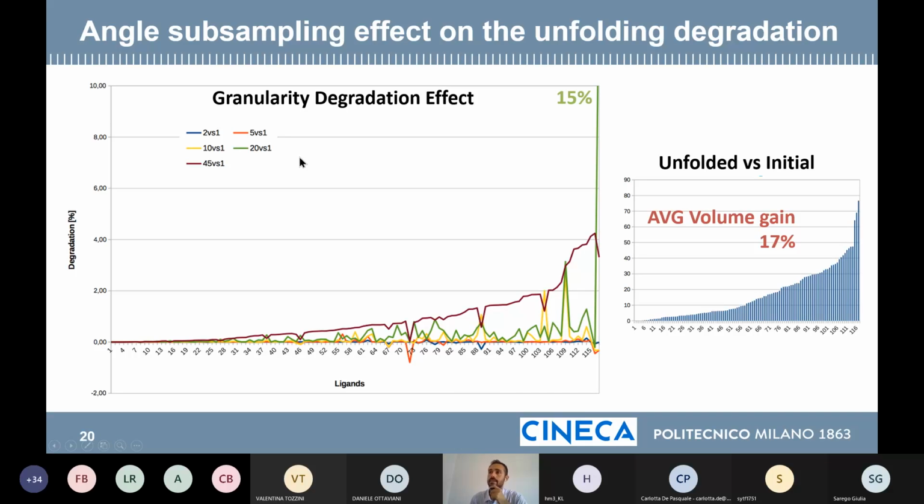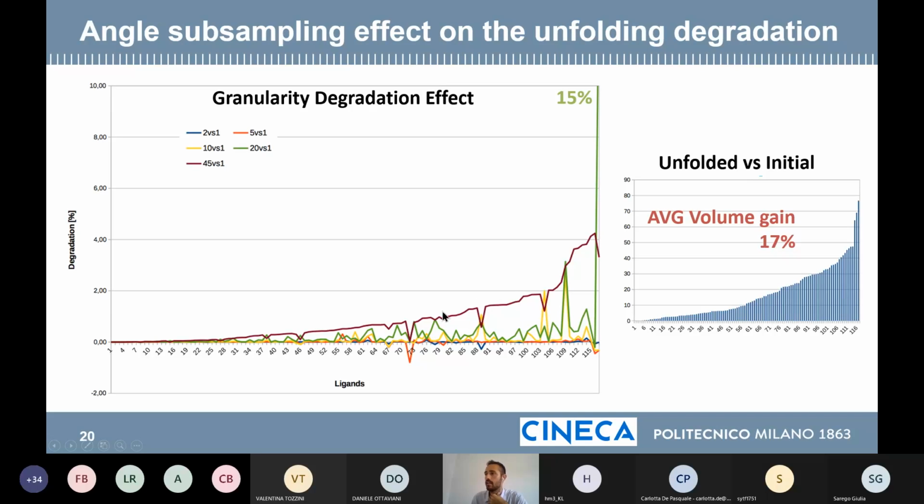It means that the degradation effect that you get going from 45 degrees versus 1 is not actually so high. As you can see here, going from 45 to 1, you only get a degradation of 2%.